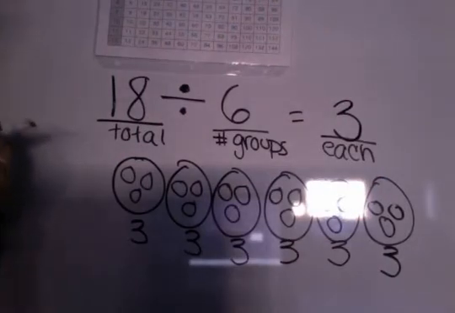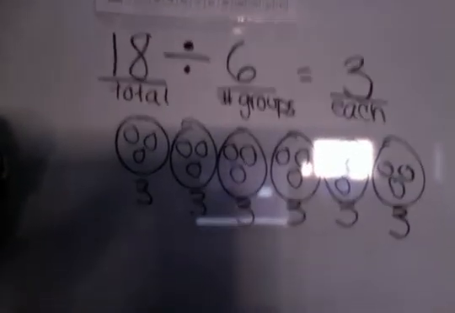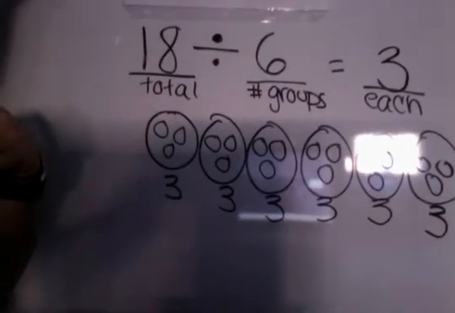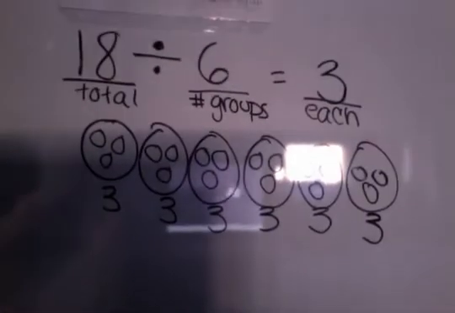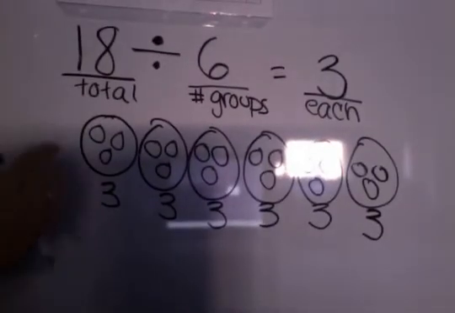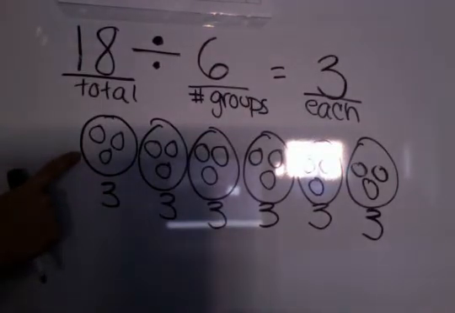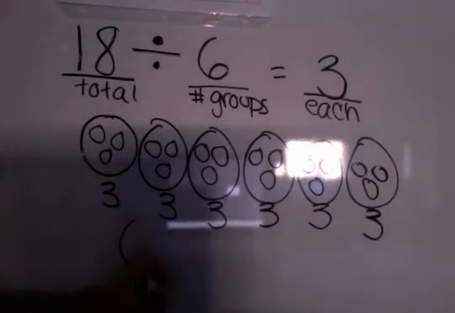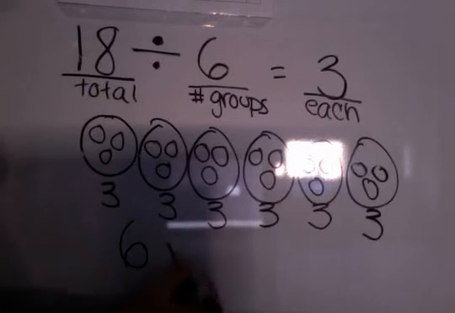But now, last week, we also remember that we were relating all of our division to multiplication. So now I want to think about this model that I've drawn and what my multiplication sentence for that would be. So how many groups do we have? 6. Good. Times.